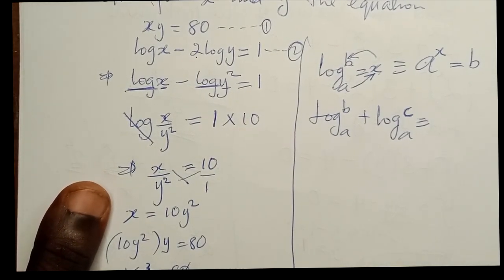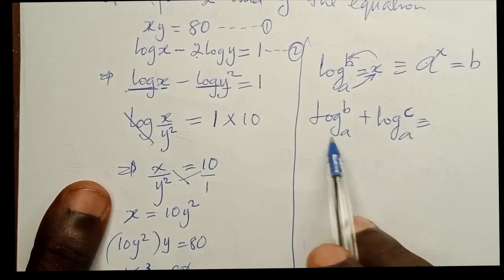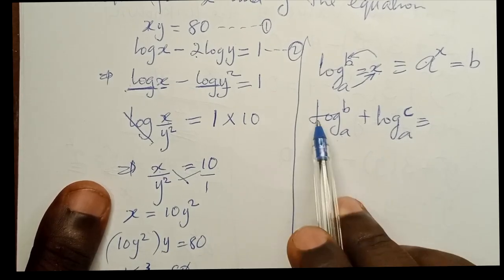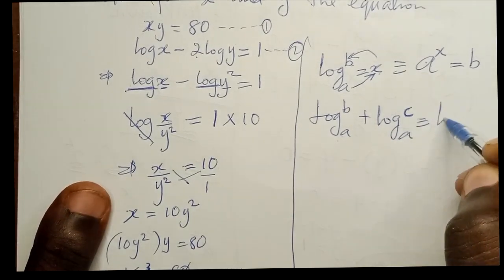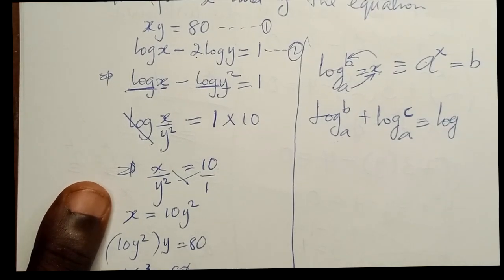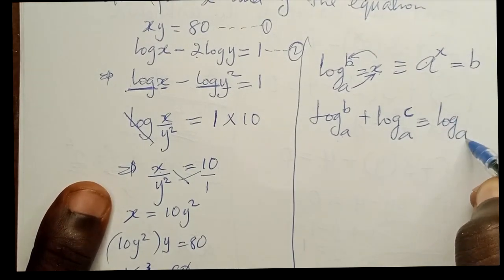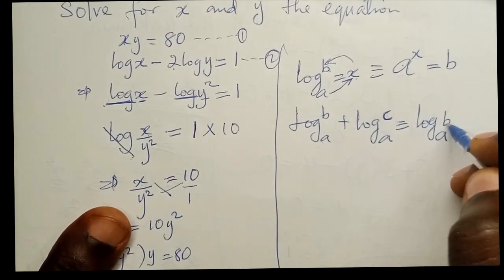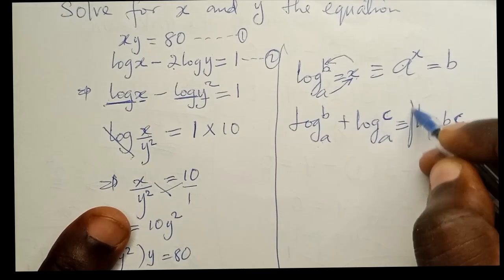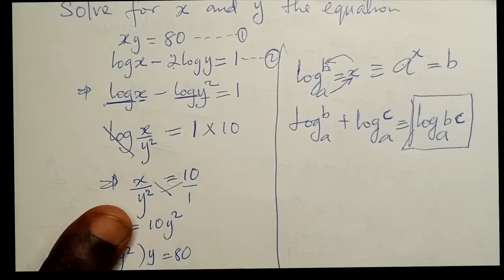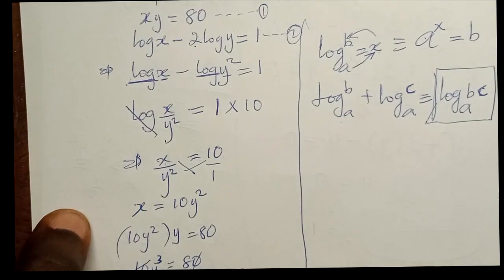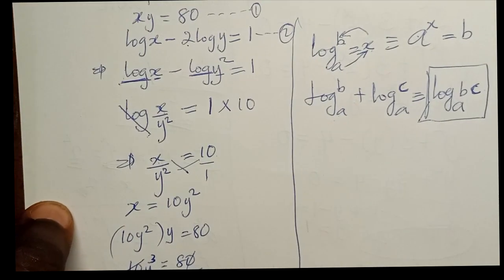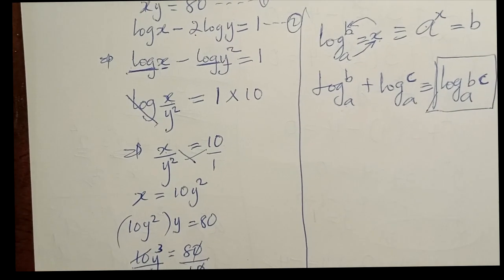When we are adding two logs with the same base, we use one of the logs, log of a, and then we multiply the arguments, b and c. That's what the law states. If two logs are added having the same base, then we use one of the logs and multiply the b and c. That is going to be the final result.